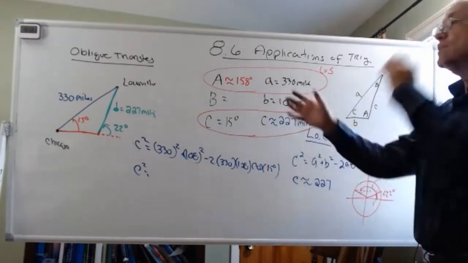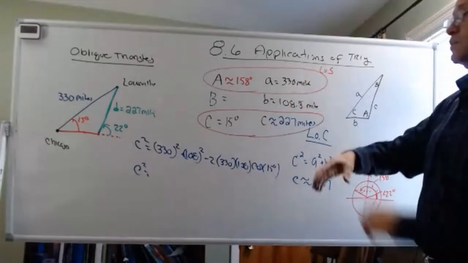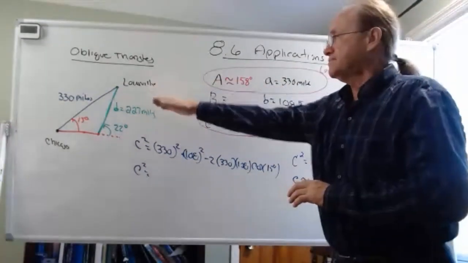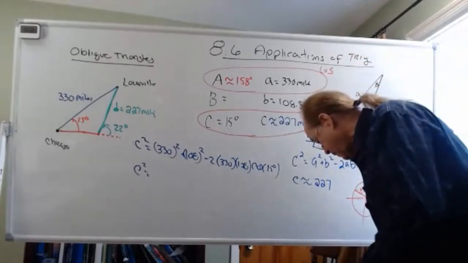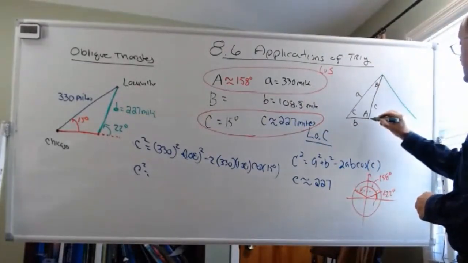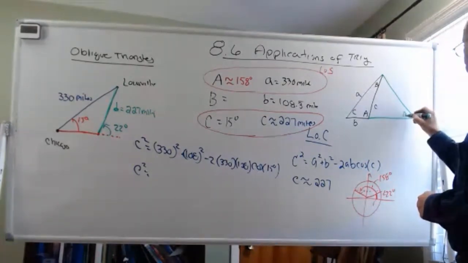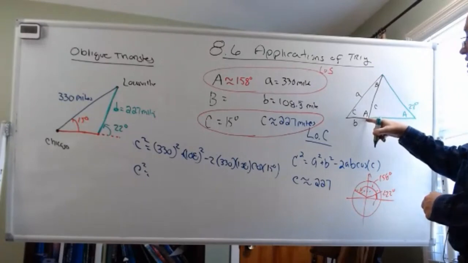So again, you have to look at your triangles, just like you did when you were solving the triangles without this physical material. You say, is there another triangle? Because there's this triangle that would exist, but there's also another triangle that would exist over here, and this A over here would be 22 degrees as opposed to 158 degrees.